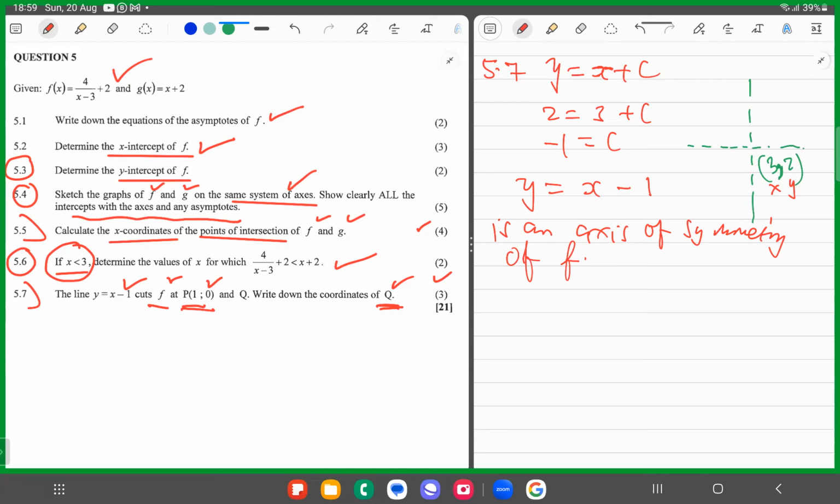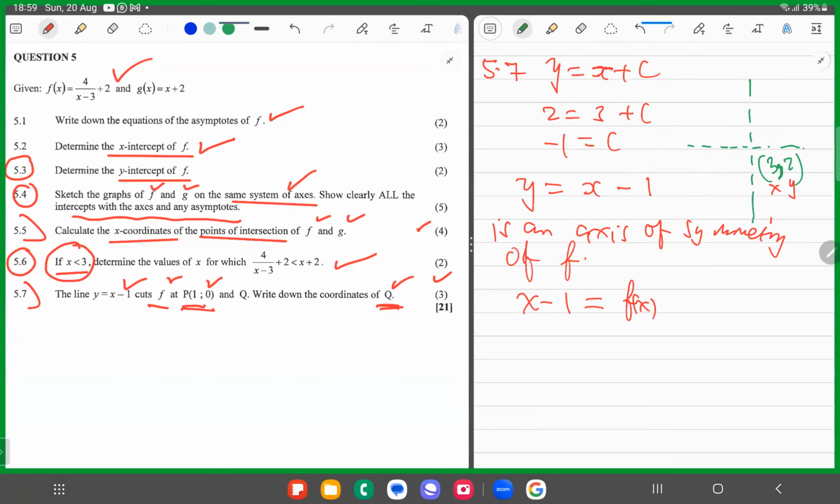So you can equate and say the x minus 1 line is equal to the function f.